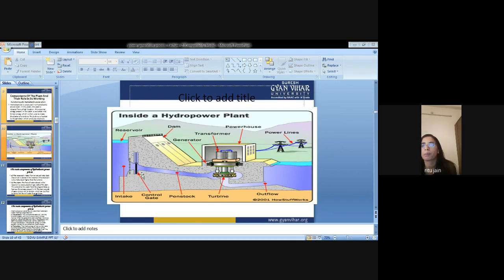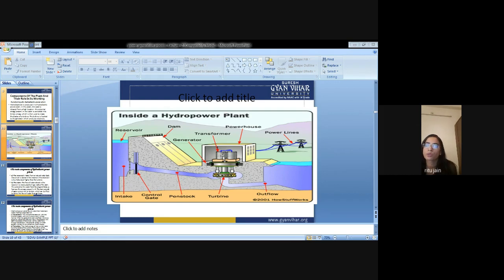This is your penstock control gate, and through the penstock water comes to the turbine blades. Then the blades start to rotate, and this turbine is connected to the generator, which generates the electricity, and this electricity is transferred to the transformer.